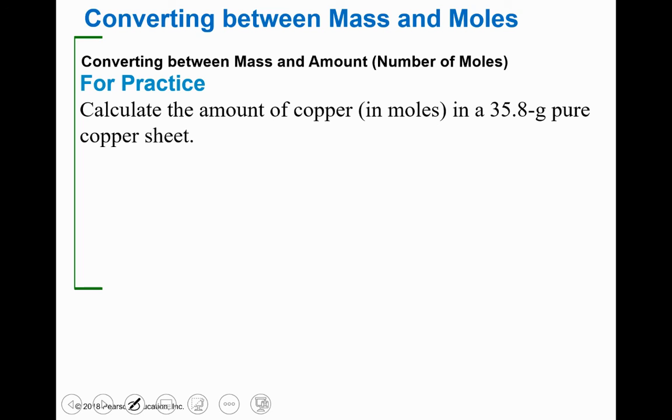Okay, this is just the same thing using copper. So simple mass to moles. So calculate the amount of moles of copper in 35.8 grams. So this is going to be the same thing, 35.8 grams of copper. I'm going to use the molar mass as my conversion.